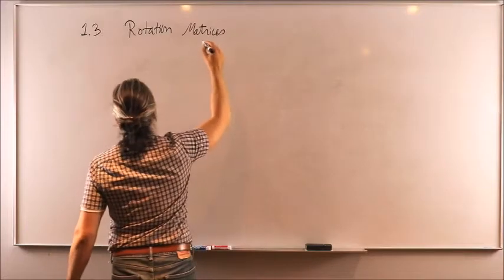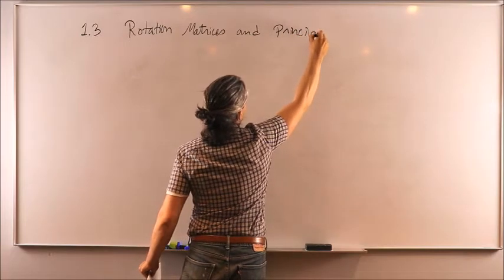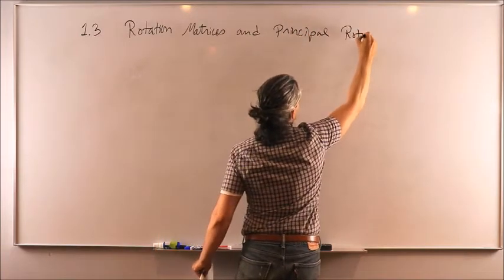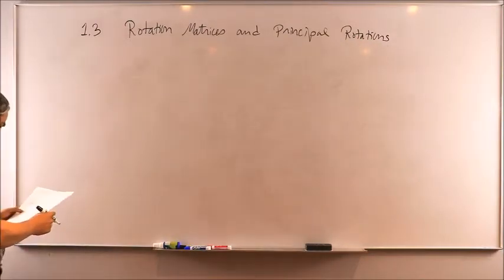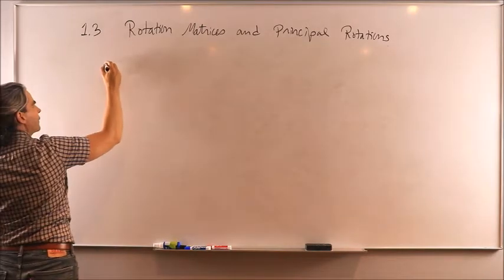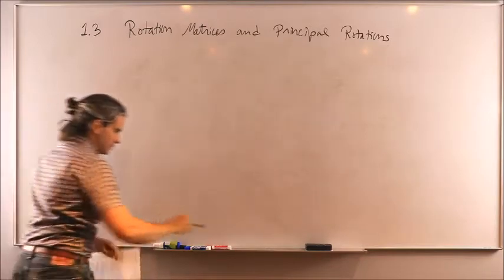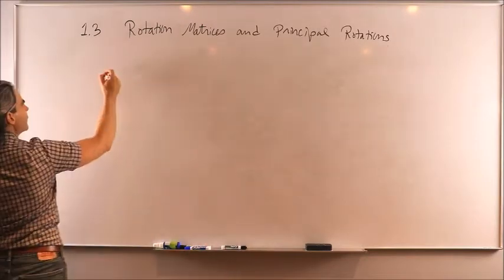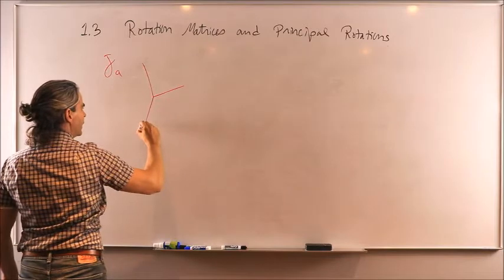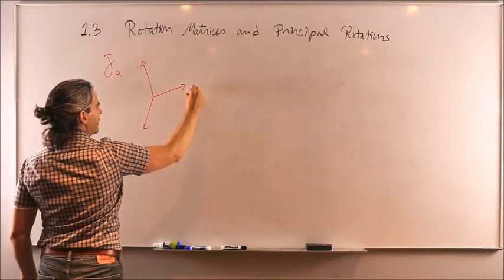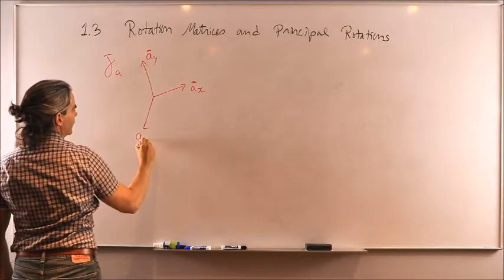And eventually, in a subsequent lecture, we'll also talk about principal rotations. Okay, so let's consider you have reference frame A in red. You have reference frame A that has three orthogonal unit vectors, obviously, denoted by Ax, Ay, and Az.